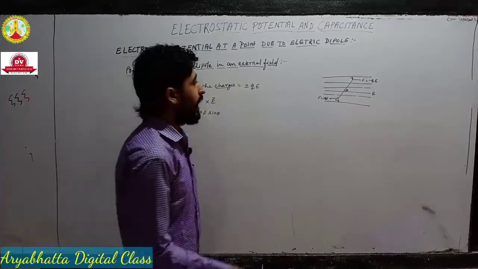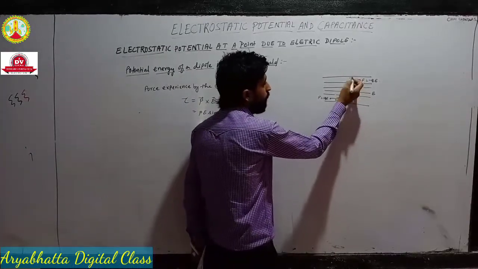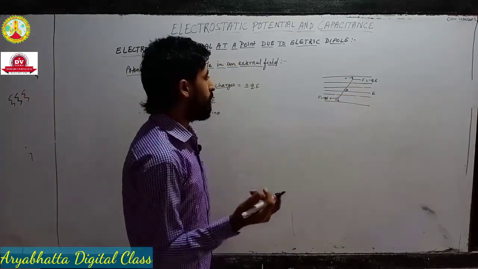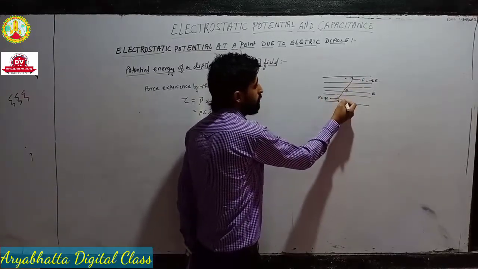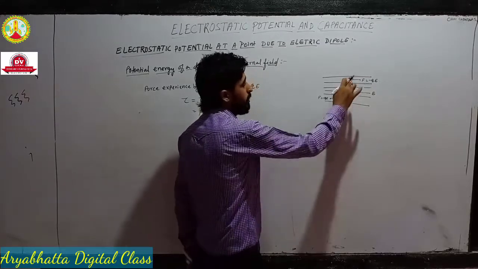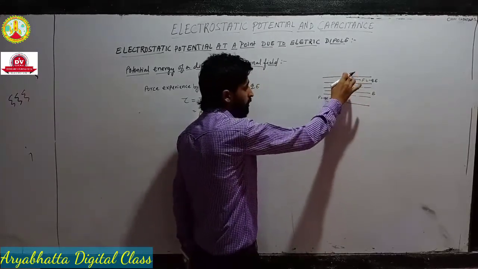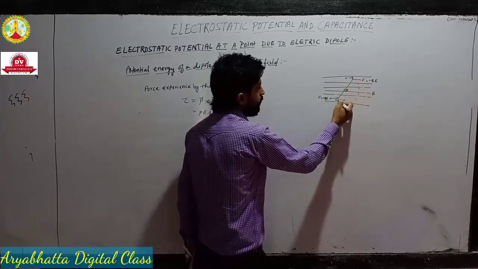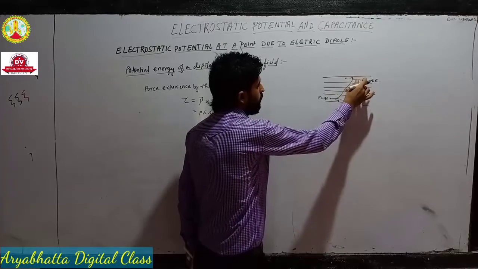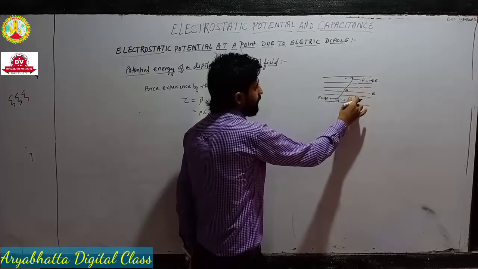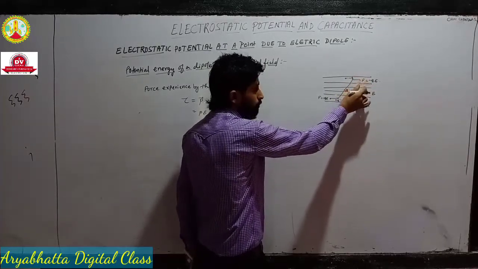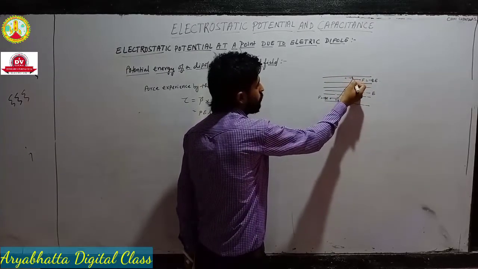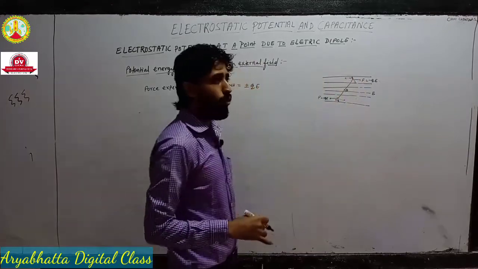Now if I apply an external torque, the same torque from this side in the opposite direction with the same magnitude, what will happen? The dipole tries to rotate like this, and the external torque will cancel this torque, so they will remain in the same position.